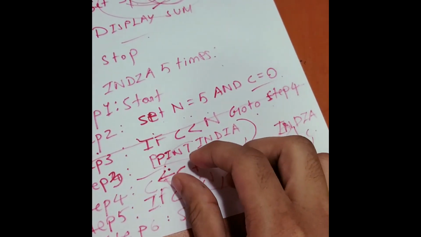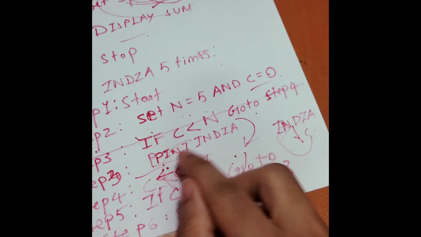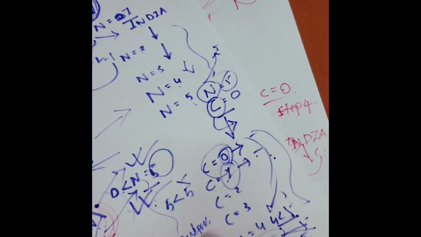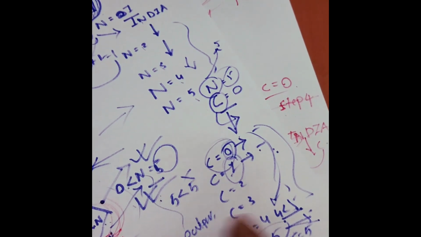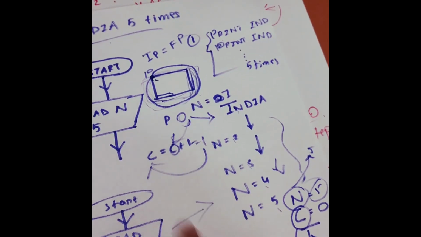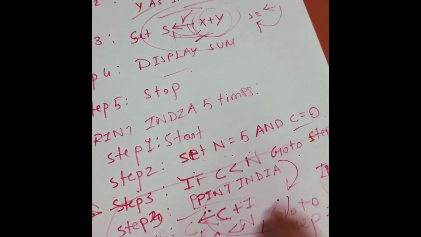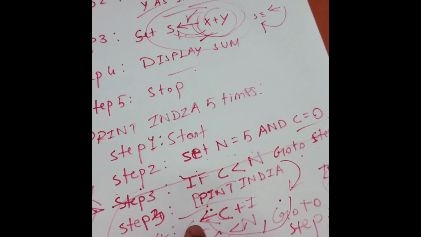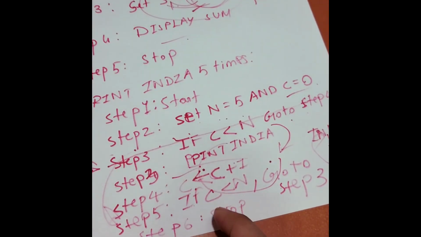Then I have incremented C equals 0 plus 1. As I told previously, this value goes inside this C. 0 plus 1 equals 1, and 1 is put inside this C value.